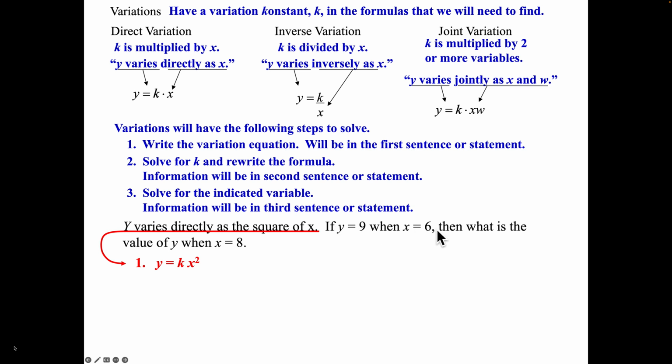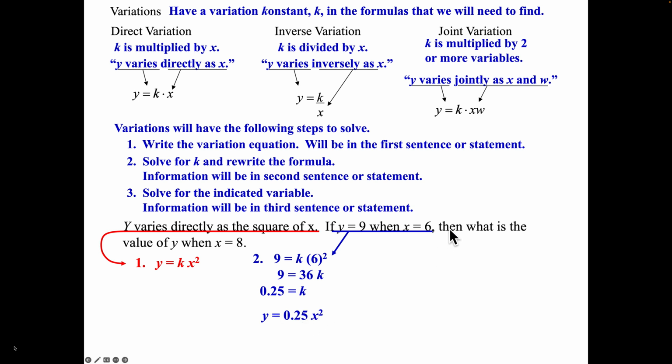That's my second statement. Put in the 9 for the y, put in the 6 for the x, and 6 squared is 36. You can now solve for k. Divide the 36 over into the 9. I get 0.25 for my k. Take that value for k, rewrite the formula in step 1. Y equals 0.25x squared. Done.